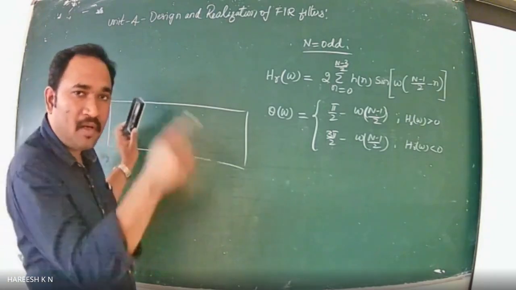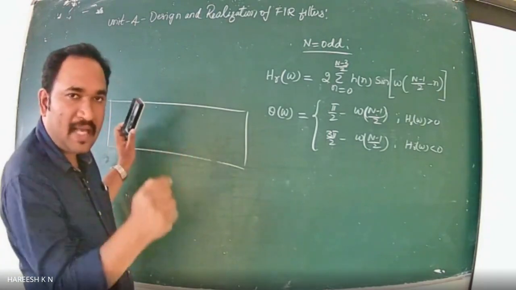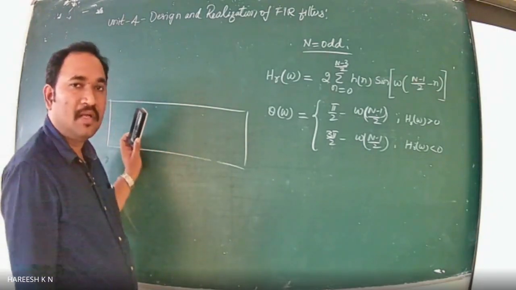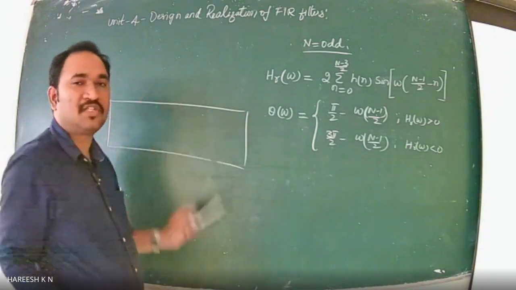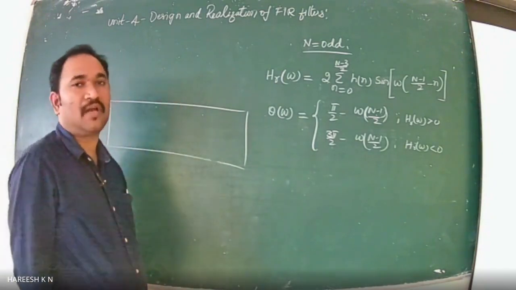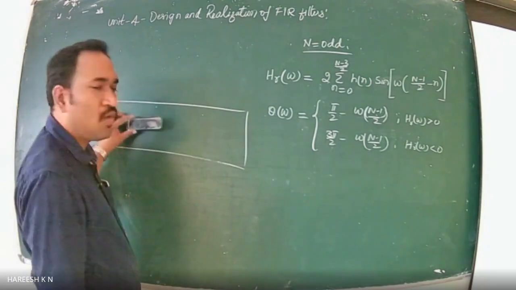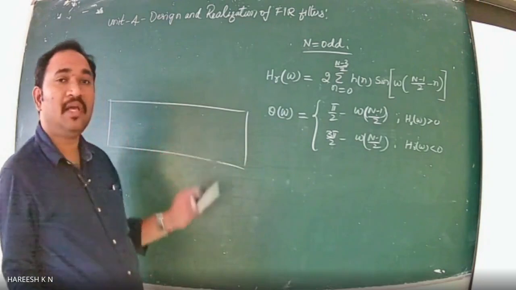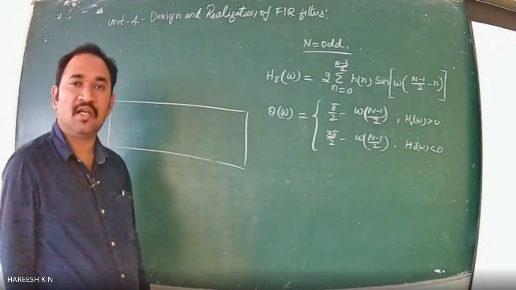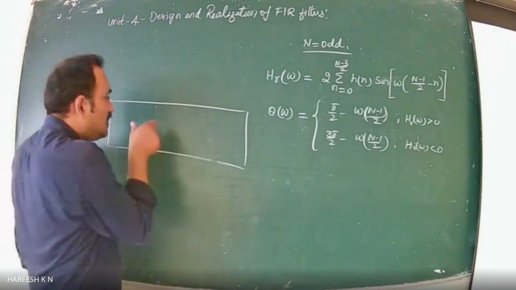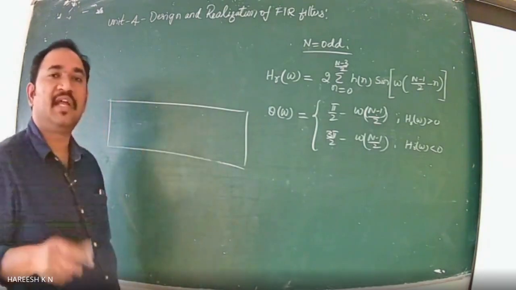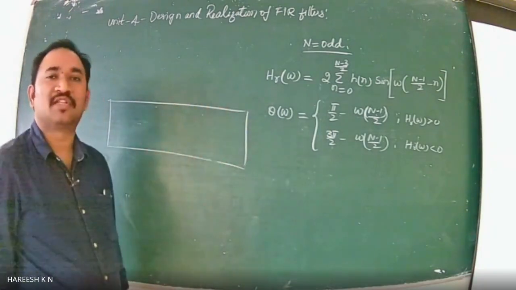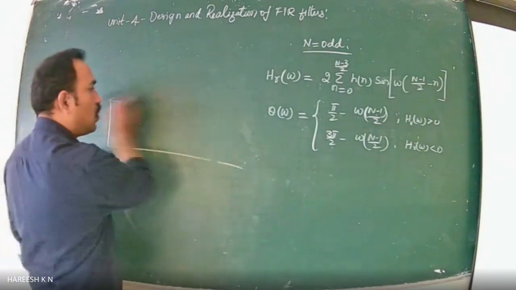If that window is overlapped or multiplied with the infinite duration impulse response, obviously the result will be a finite duration impulse response, isn't it? Whichever samples can be seen through that window are the finite duration impulse response that we are extracting out of the infinite duration impulse response. I hope you are following it.